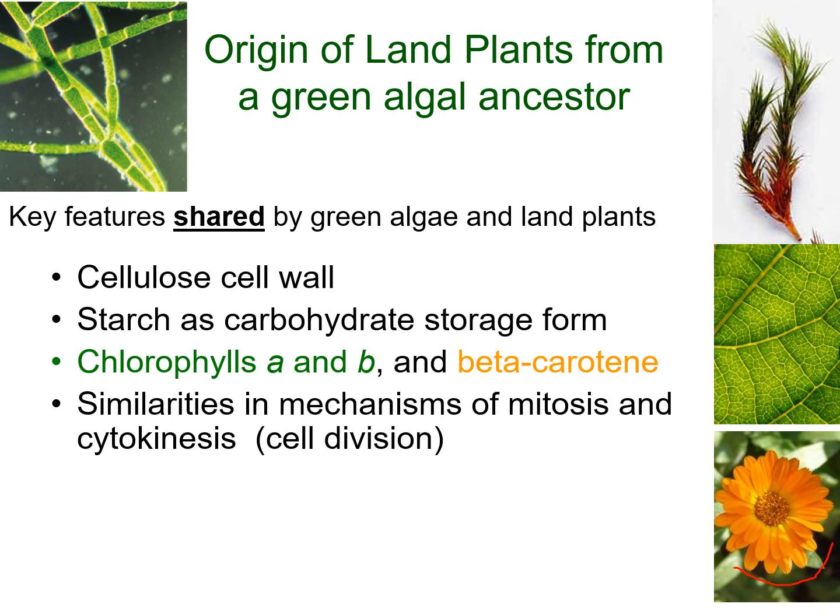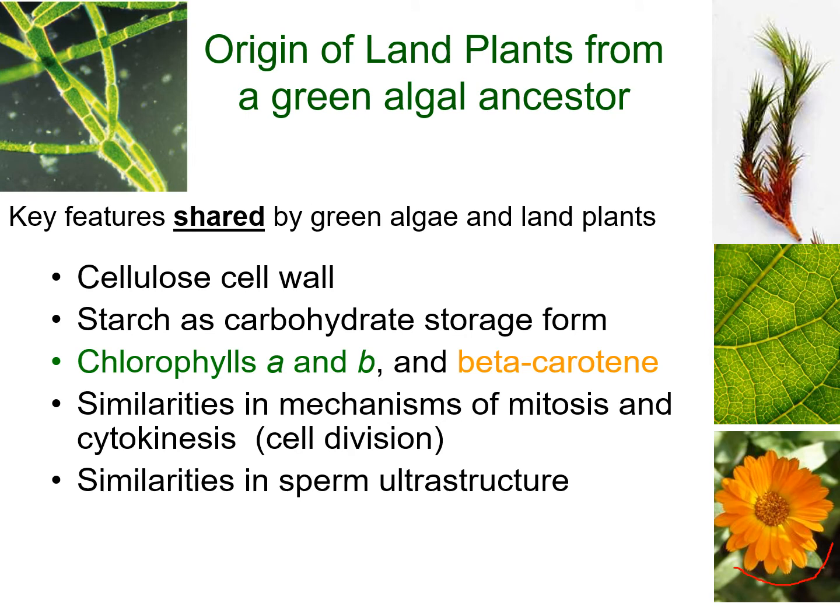We also see similarities in the way they do cell division, mitosis and cytokinesis, so that's the cell dividing cells. And also within reproduction, we see similarities in sperm ultrastructure. So algae reproduce by sperm that have to swim, and in some cases in plants we also see similar structures in motile sperm.